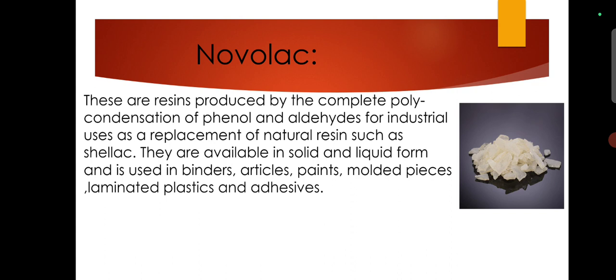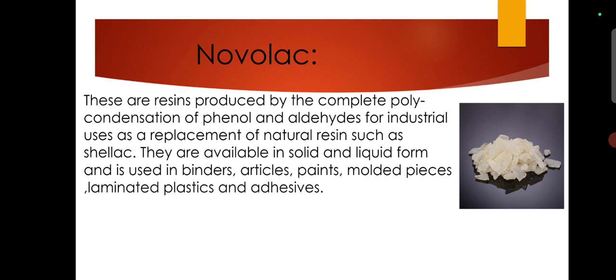Now, coming on to the second phenolic resin, it is termed as Novolac. Novolac is a type of phenolic resin that is created by partially reacting phenol with formaldehyde. Unlike Bakelite, Novolac resins are not fully cured during their production.